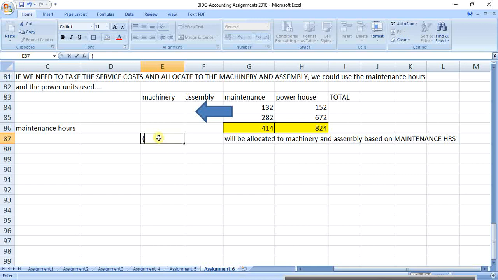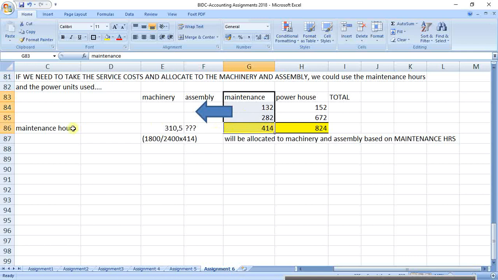Machinery uses 1,800 hours, divided by the total hours, 1,800 plus 600, which is 2,400, times how much cost am I allocating? 414. There's the allocation. So you put that here, equals 3105. Then assembly is the question mark.